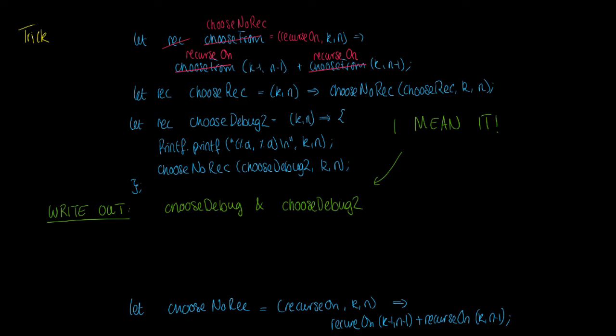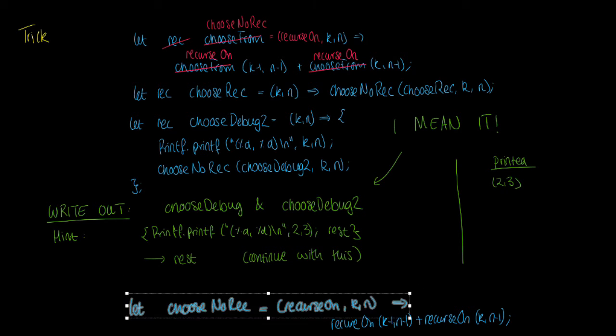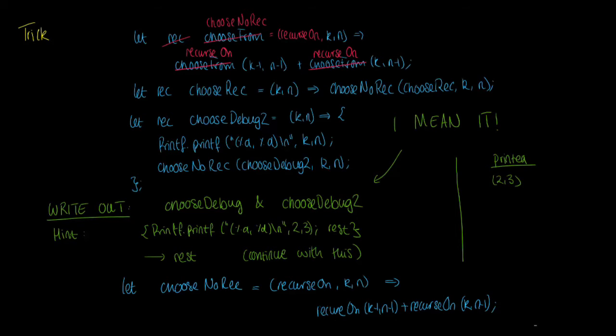To help you along, when you see an expression like printf with the string and then 2, 3, semicolon some other stuff, let's call it rest, the way to evaluate it is to write 2, 3 somewhere else in a column, and then continue with the rest expression at the end. Writing a no-rec function isn't so much a replacement for learning the skill of expression evaluation, but more of a shortcut on how to get the information you're after in a way that doesn't mess up your code.